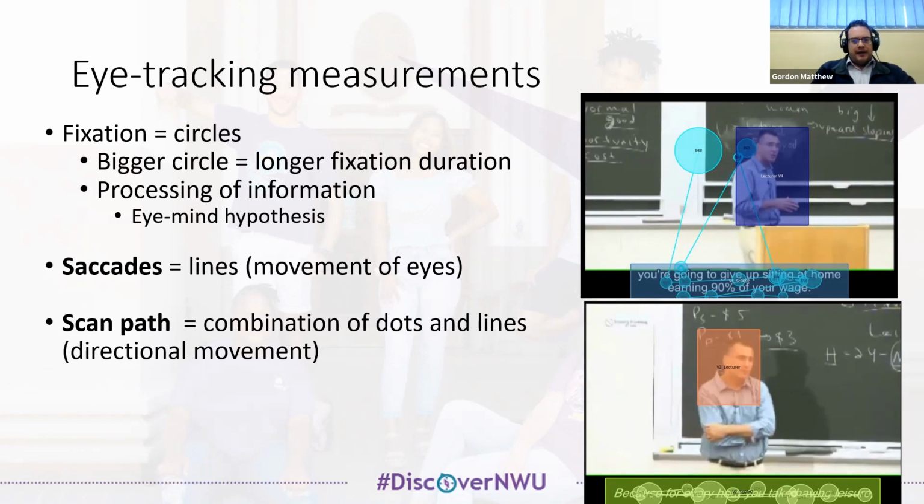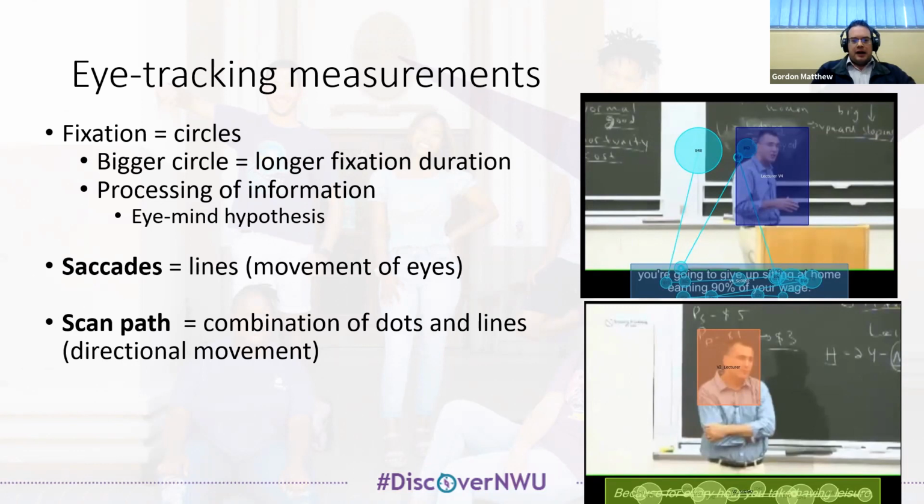This is known as the eye-mind hypothesis, which means that where you look, that's the information that you're processing. Then saccades, which are the lines. Those are the movement of the eyes between two focus points. This is typically used for reading research to see the number of words skipped or such.